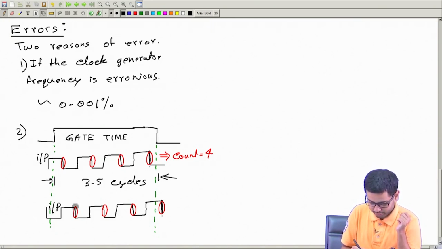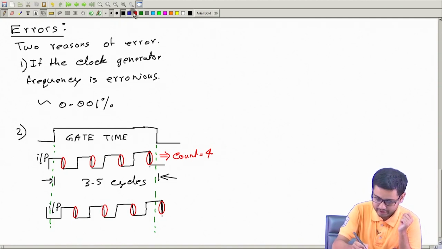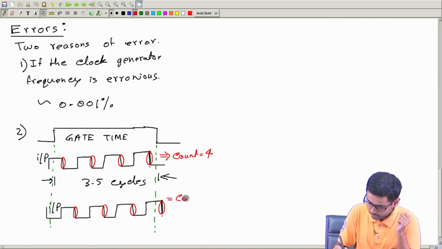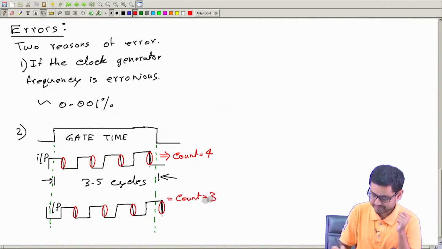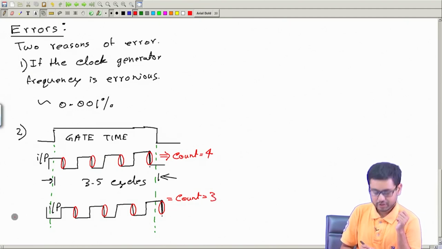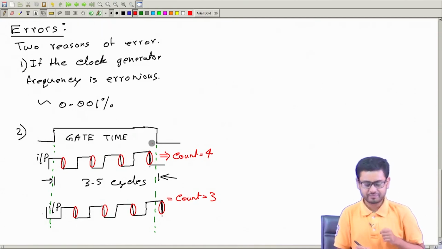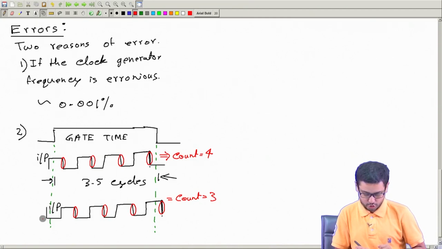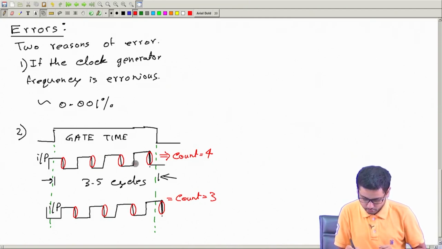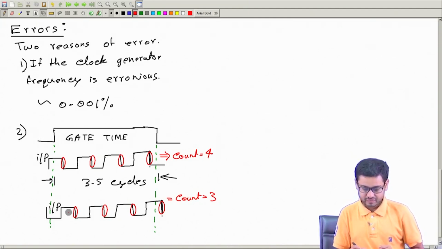We have 3 counts, 1, 2, 3. So, okay, we have count equal to 3. Okay. So, depending on where this input starts with respect to this gate time, on which we have no control over, we can get a count of 4 or count of 3, right.